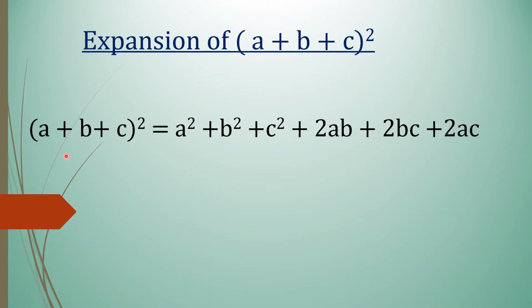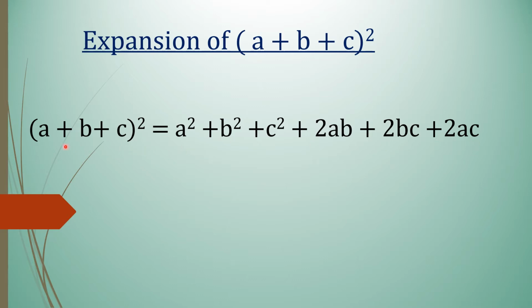So, students, here three terms are there, that is a plus b plus c. These are three terms. So, expansion will be the square of first term plus square of second term plus square of third term plus 2 into first term into second term plus 2 into second term into third term plus 2 into first term into third term.